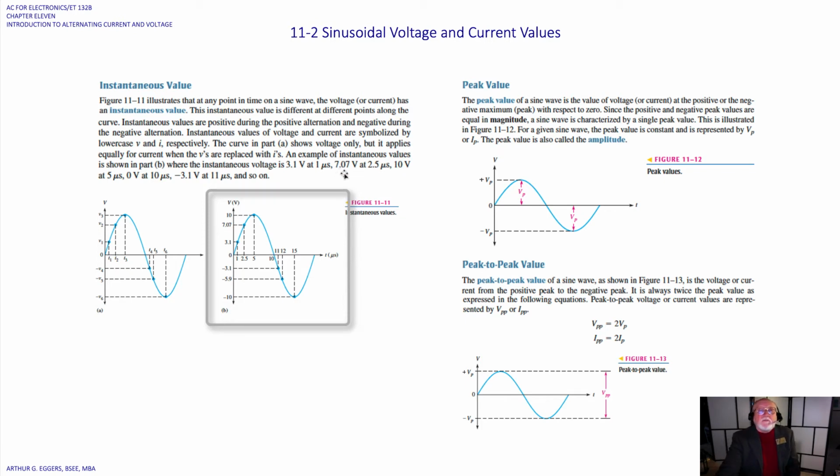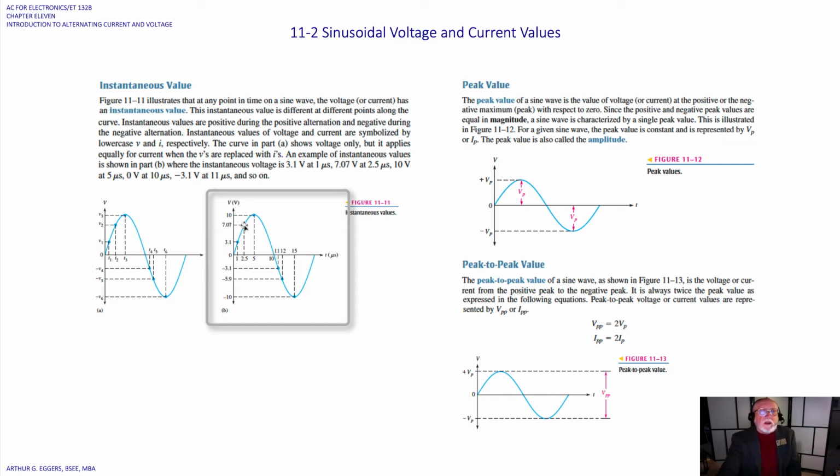So 7.07 volts, if we look here, gives us a time measurement that occurs at 2.5 microseconds. So at 2.5 microseconds into this propagation of the waveform gives us an instantaneous value on the plot of 7.07 volts.